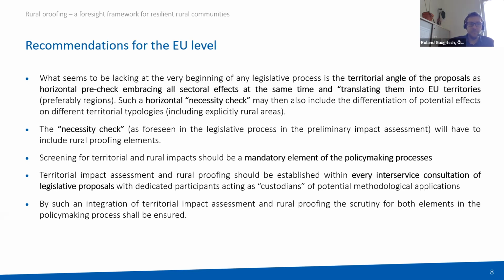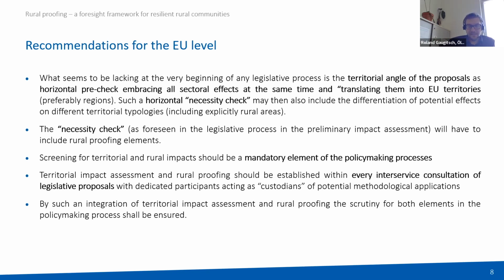At the moment, there is a suggestion to do a necessity check at an early stage of policy drafting to identify the territorial angle of impacts, to combine all the sectoral effects and have a look at the territorial perspective here. And this could very easily include rural areas as well, because obviously they are parts of the territories. They might just need to be highlighted in this necessity check to improve it.